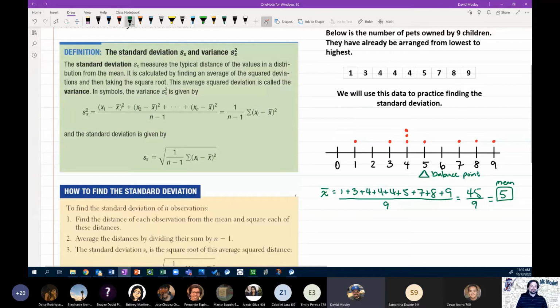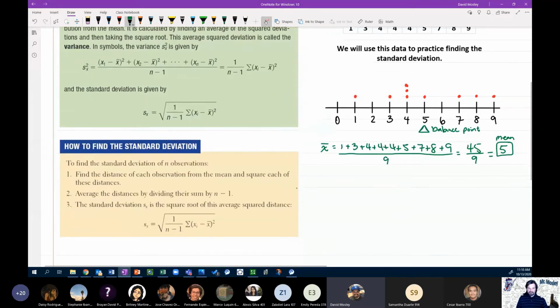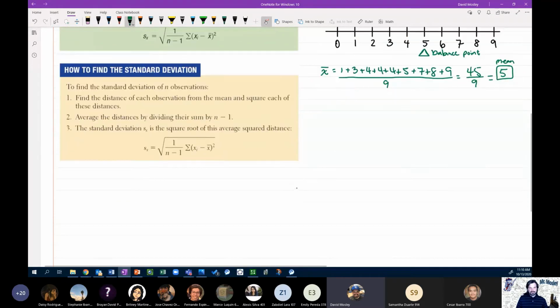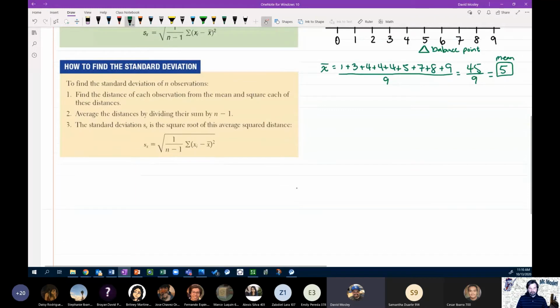To do this and keep track of it, we're going to make a little table. First we'll have observation in our first column.